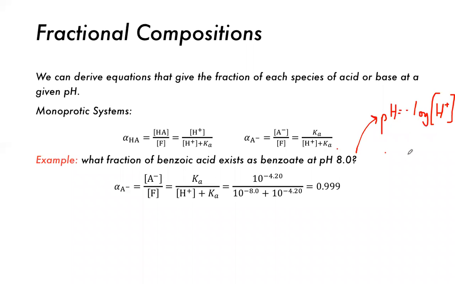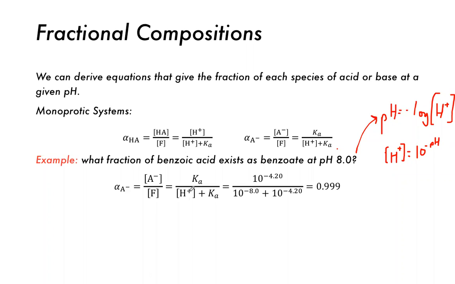We rearrange this so that the H plus concentration is equal to 10 to the power of minus pH. This is just rearranging your logs from your mathematics courses. So the H plus concentration will be equal to 10 to the minus pH.